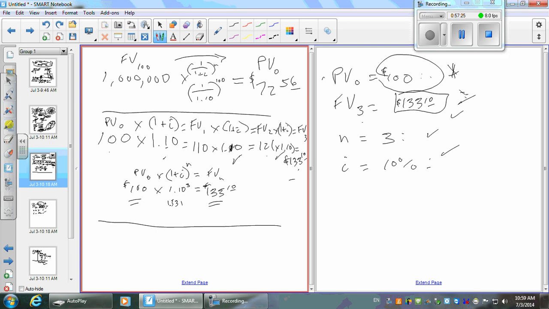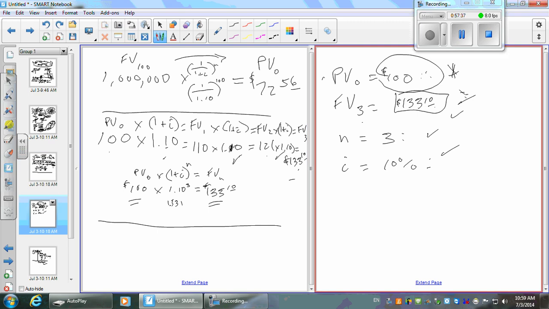And then I take 110 and I divide it by 1.1, what do I get? 100. And I would have calculated the present value, right? That is the present value of $133 received 3 years from now, discounted at 10%. How much interest will I have removed if I take 133.10 down to 100? 33.10, right? I'm reversing the process.